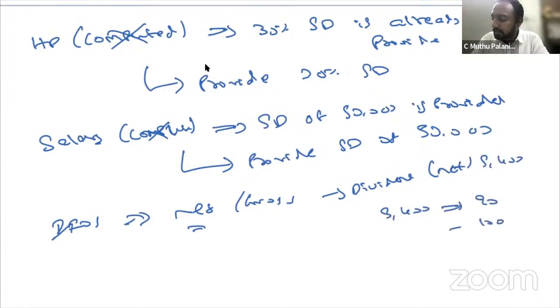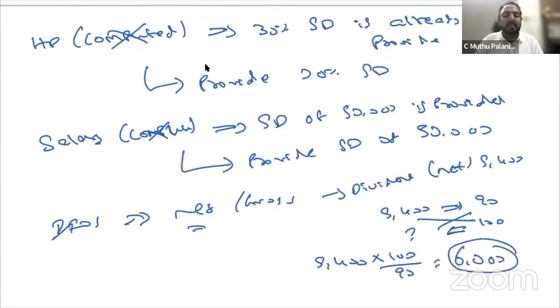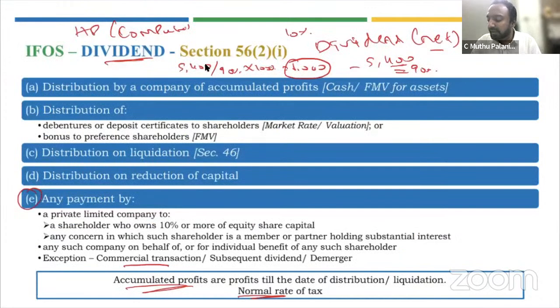How much is equivalent to 100? I will cross multiply: 5,400 into 100 divided by 90 gives me 6,000. So 6,000 is my dividend income, not 5,400. These are critical things that I have to take into consideration while working out these chapters.